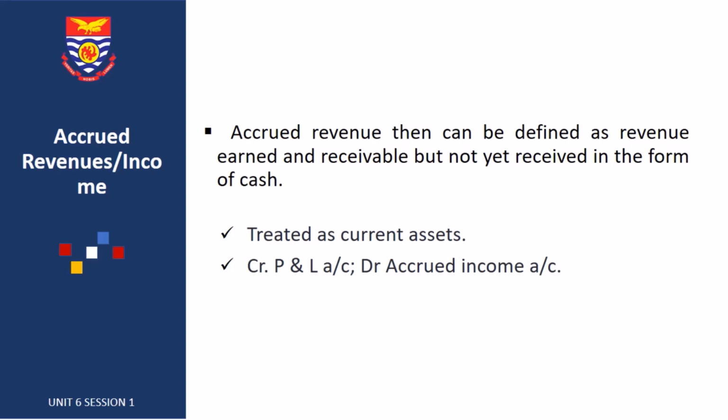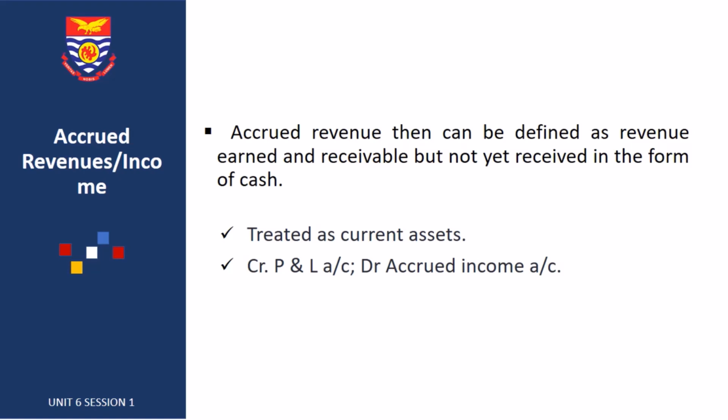Examples include accrued interest income and accrued rent income. Accrued revenue then can be defined as revenue earned and receivable but not yet received in the form of cash. It's treated as a current asset in the statement of financial position, accrued revenue under current assets.